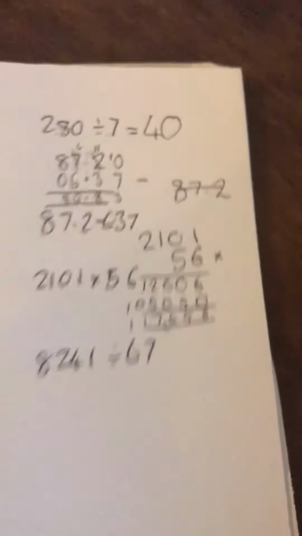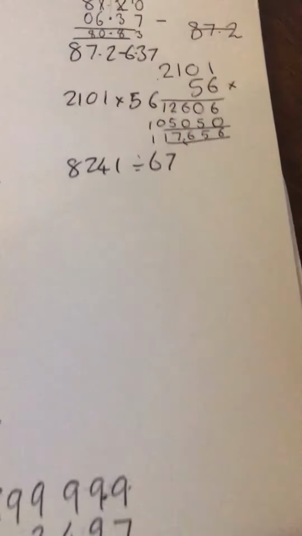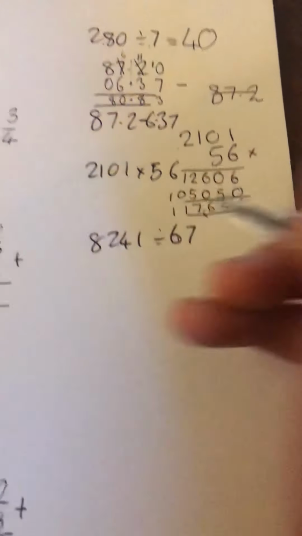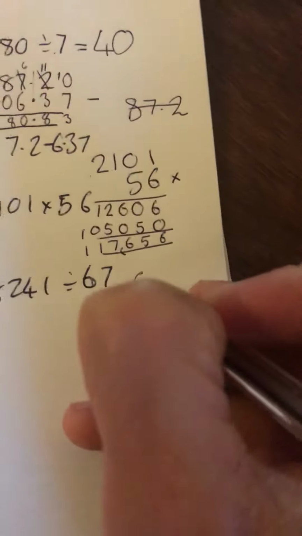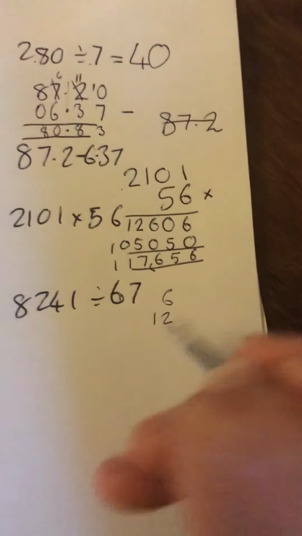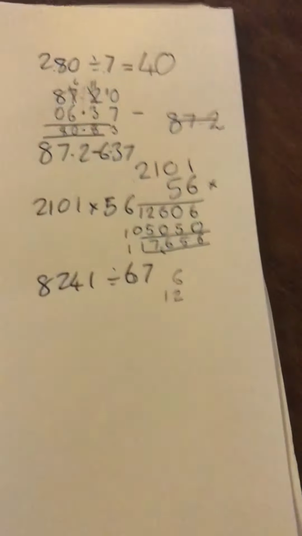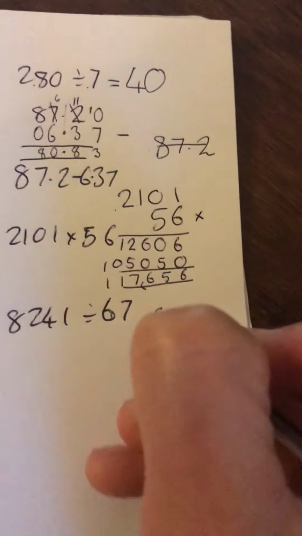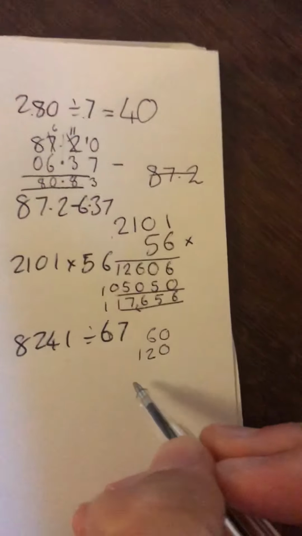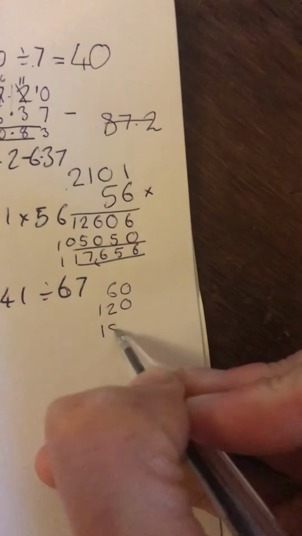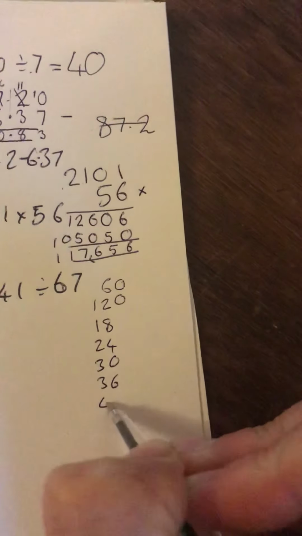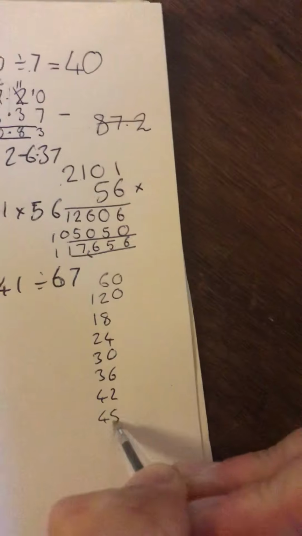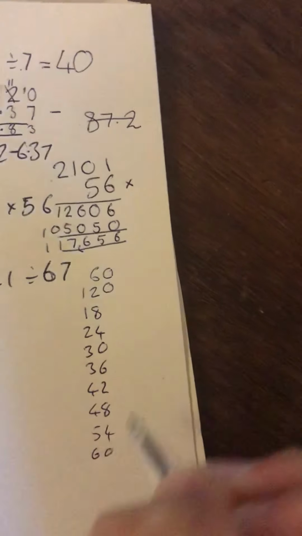And last but by no means least, oh, the joys of long division at 8:27 p.m. Here we go. So start with my known facts. This with the 6 times table that I'm going to turn into the 60 times table by making it 10 times more. So we already get 12, 24, 30, 36, 42, 48, 54, 60.